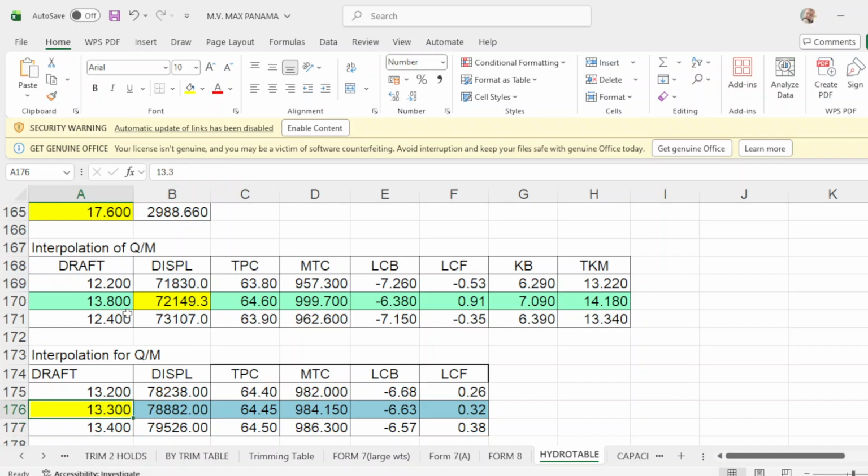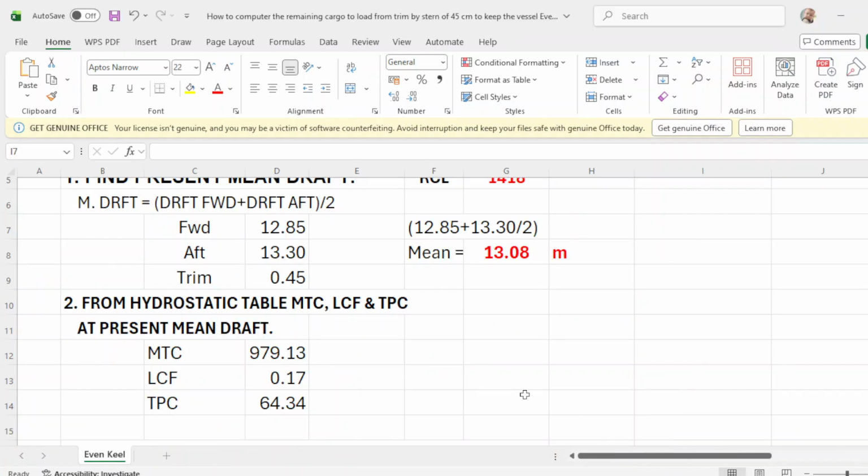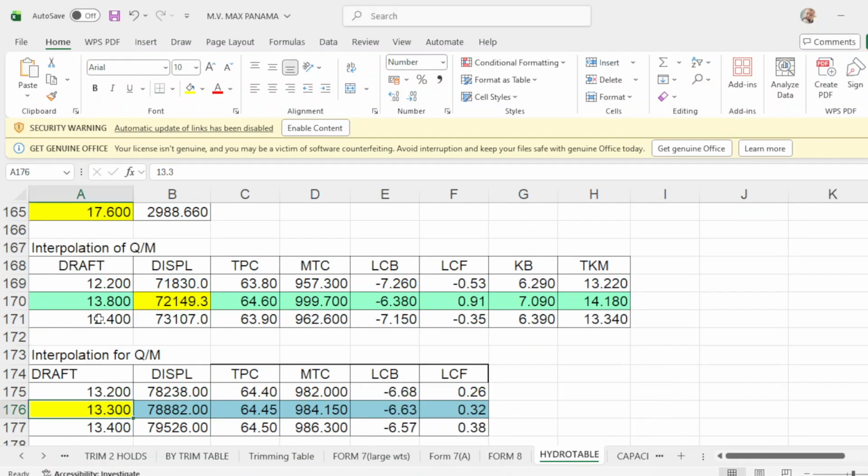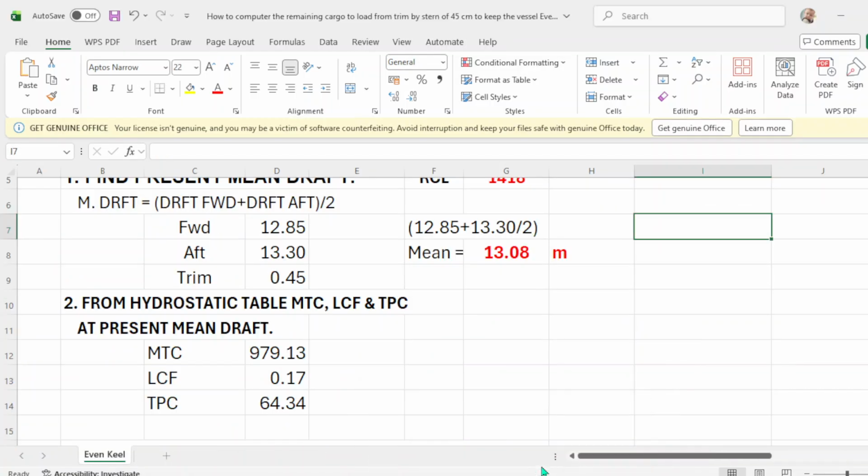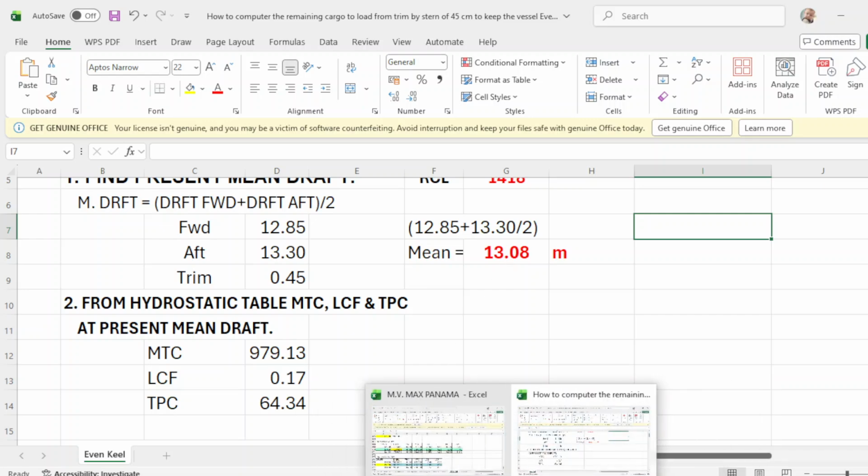This is 13.08. Sorry, I'm sorry. Your mean drop of 13.08. Okay, so 13.08, you go to the program. Your TPC is 6460. Check it again, 13.08.